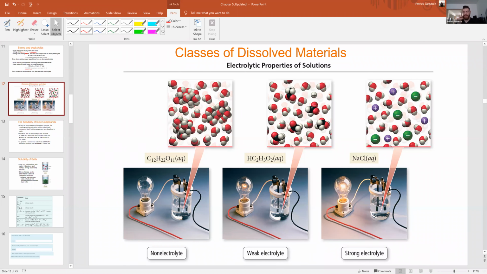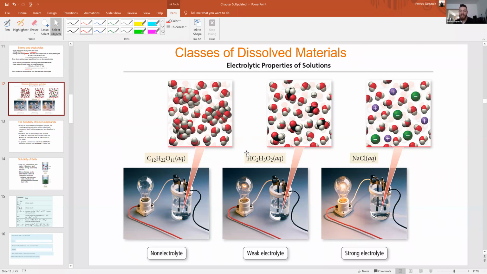In terms of characterization, your job on exams would be, I give you different molecules and you tell me which one's a strong electrolyte, a weak electrolyte, or a non-electrolyte. If you see a sugar or a longer molecule, it's probably a non-electrolyte.